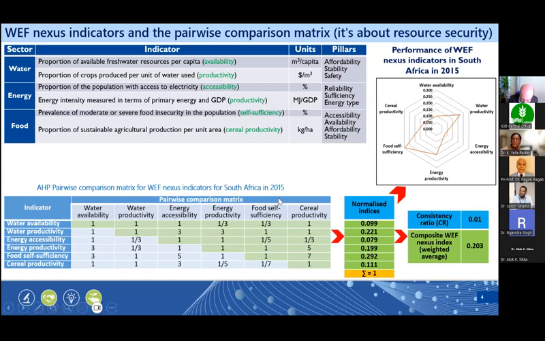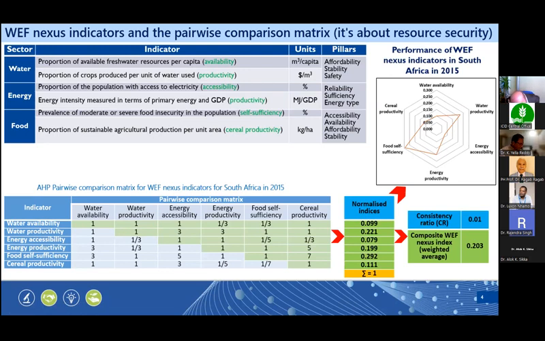As you can see, if you can see my mouse there, this is the pairwise comparison matrix that we developed for South Africa at the national level. And we developed the normalized indices.